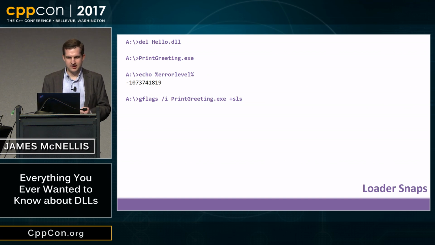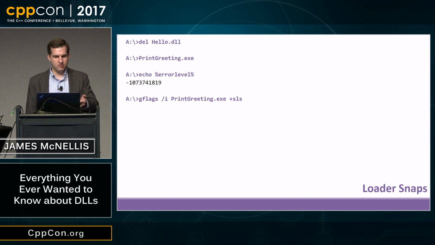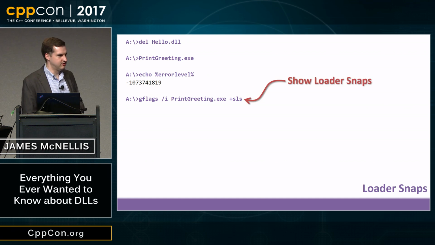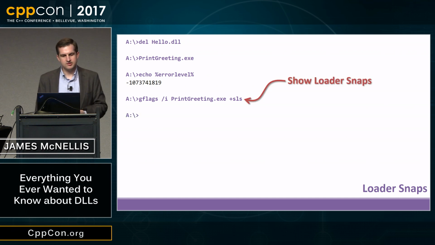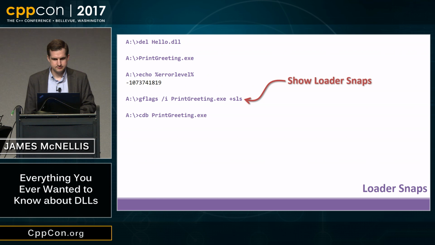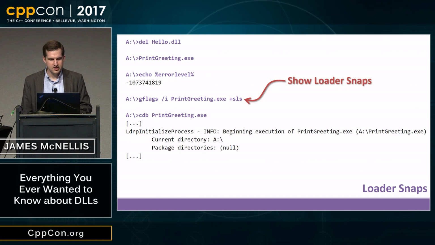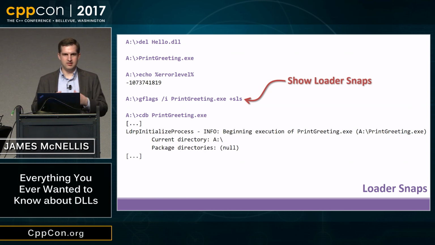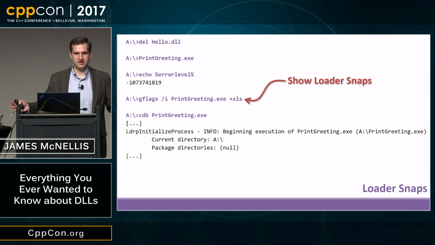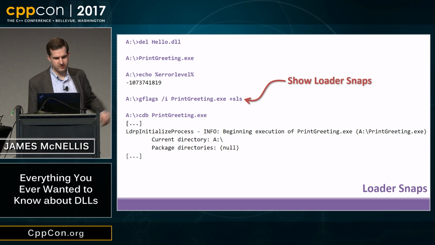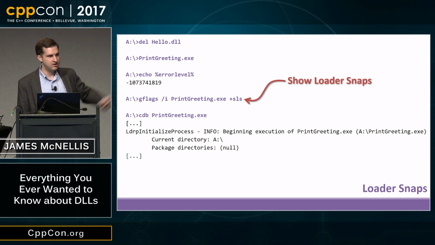We're going to run gflags, and we're going to say that when our program runs, show loader snaps. Then if we open our program in the debugger, the loader is going to print out lots of information, basically all of the things that the loader is doing. When it starts up, it's going to say, hey, I've just started running this process, so it's going to give you a little information.